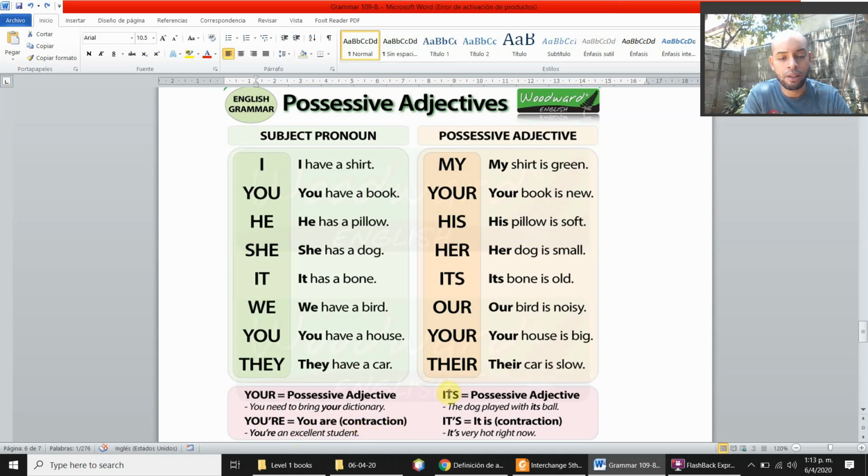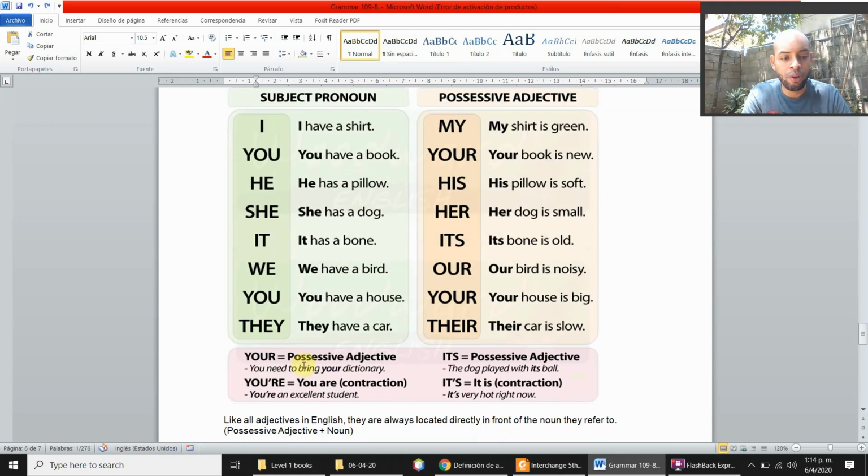And this is similar. Its is the possessive adjective, and it's is the contraction of it is. They are pronounced similar as well, but they are used in different situations. You know which one is which by the way you use them, by context.